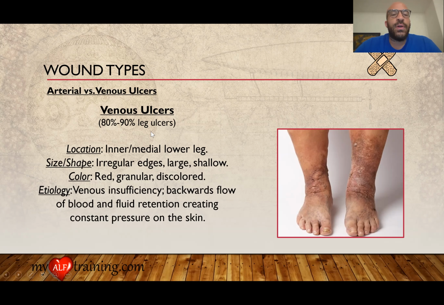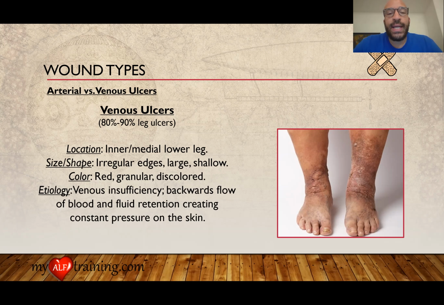Venous ulcers occur in 80 to 90% of leg ulcers. So, if the patient has some type of leg ulcer, most of the time it's going to be a venous ulcer. Now, that's important to note just because of the etiology of what causes a venous ulcer.